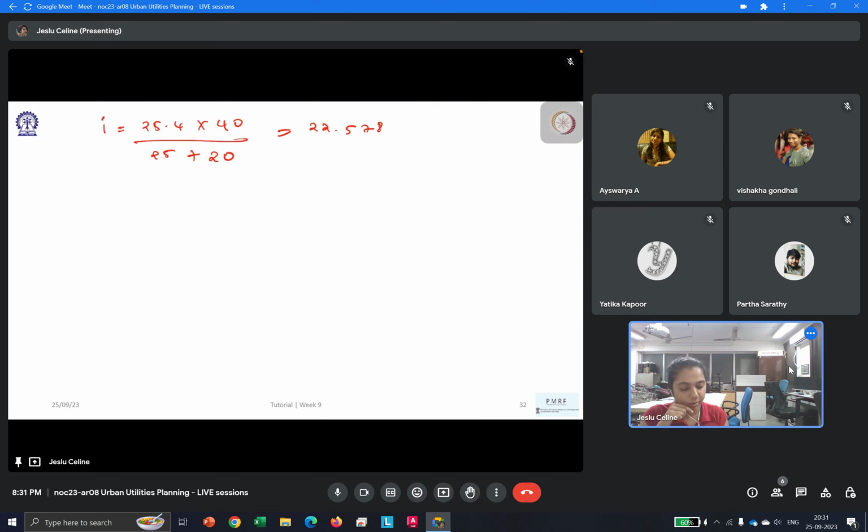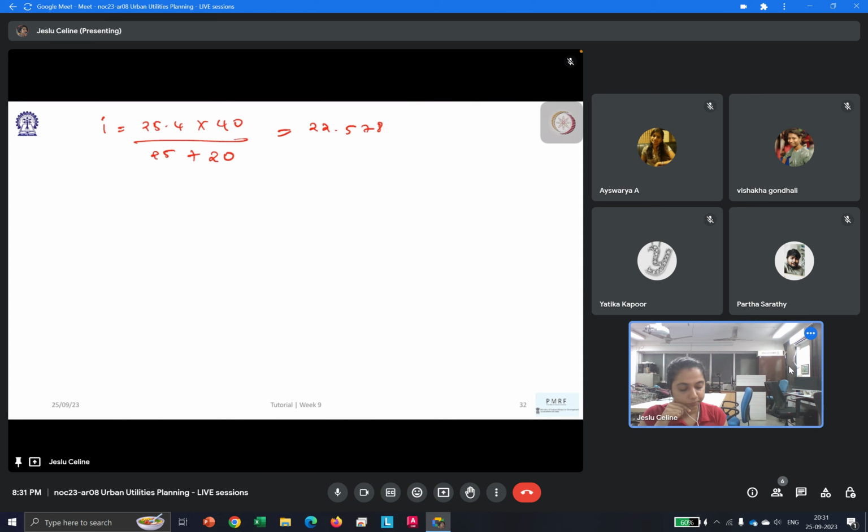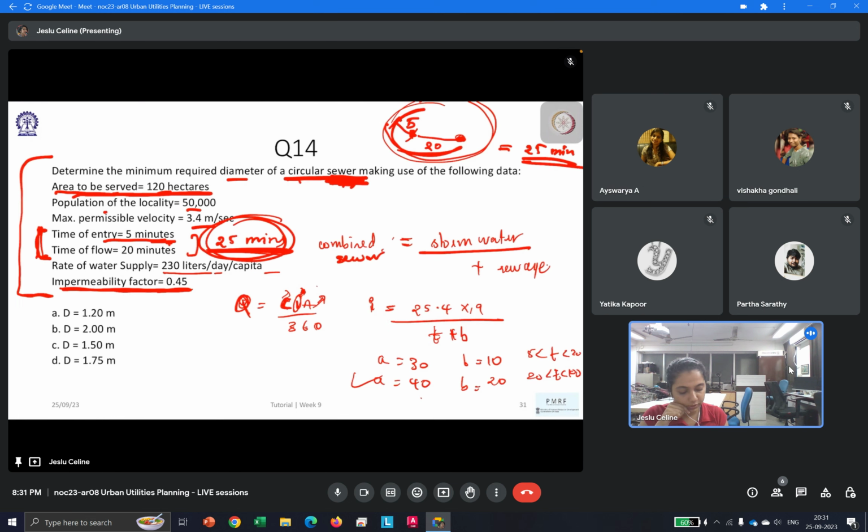Okay, let's look back over here. These are all constants, and then you have T over here. Intensity is not in mm per hour, it is just millimeters.